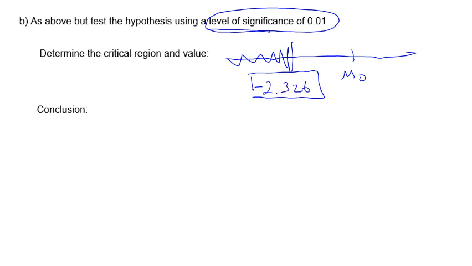2.326. Now using this level of significance, we're putting more demand on the person making the claim that they're correct, because when you decrease the level of significance, you are spreading out the endpoints where you're going to reject.